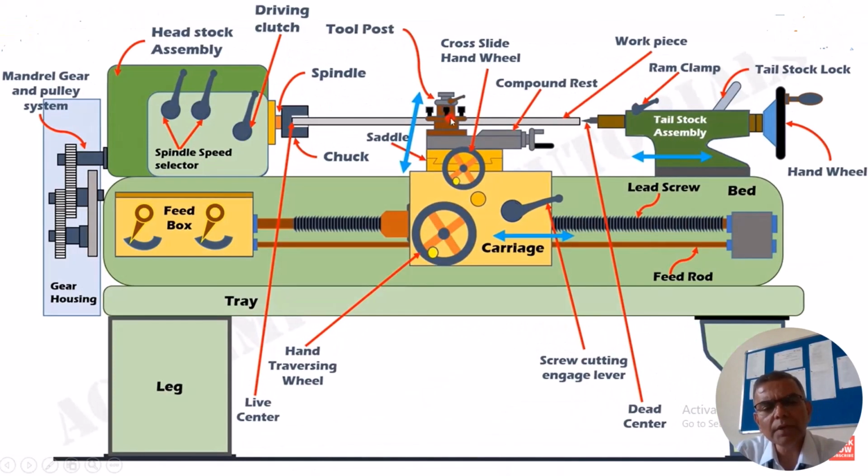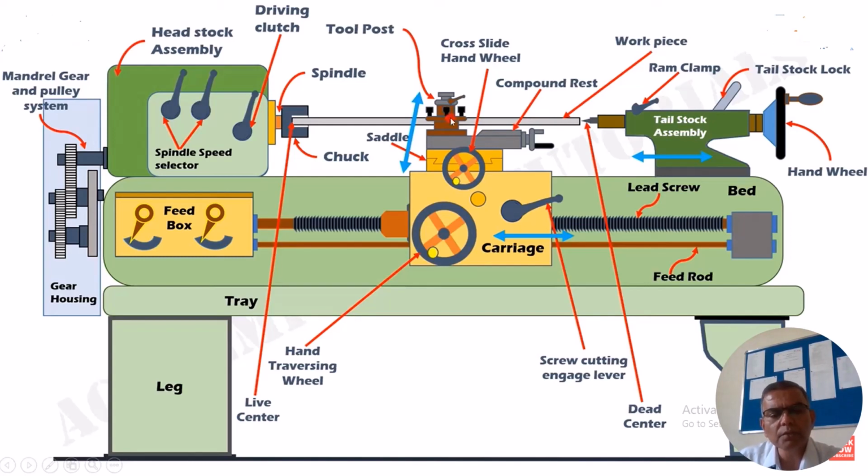In another lathe machine, you can see various parts mentioned apart from the main parts. As already told, the spindle speed selector levers are provided here. The driving clutch is also in the headstock assembly, and you can see the geared and pulley system here.